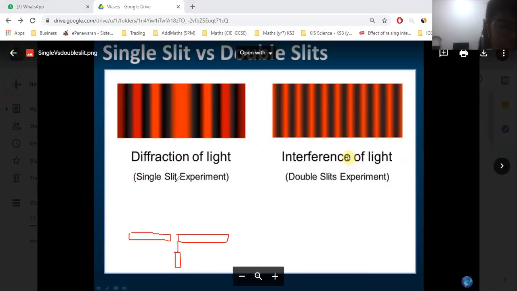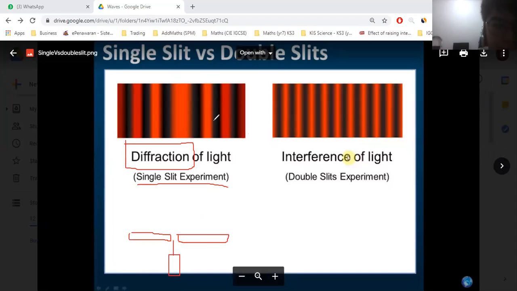Young's double slit experiment uses a single slit and then a double slit. If I remove the double slit and use only a single slit, there's no interference, because you only have one source. So there's no interference of light.